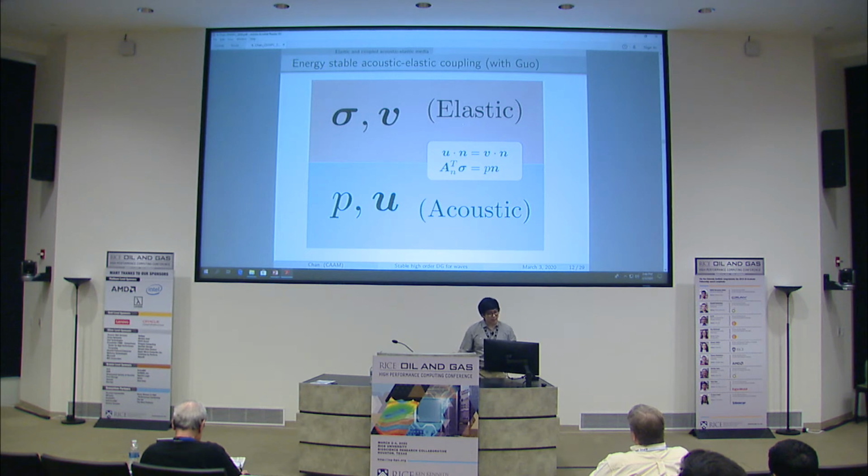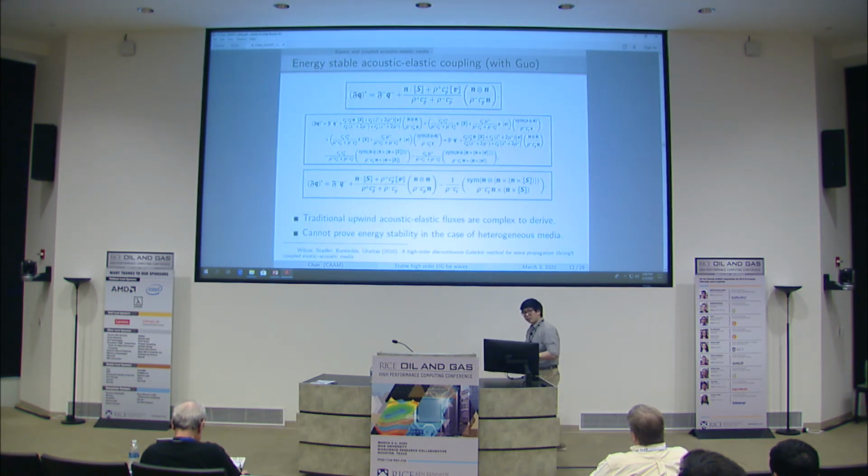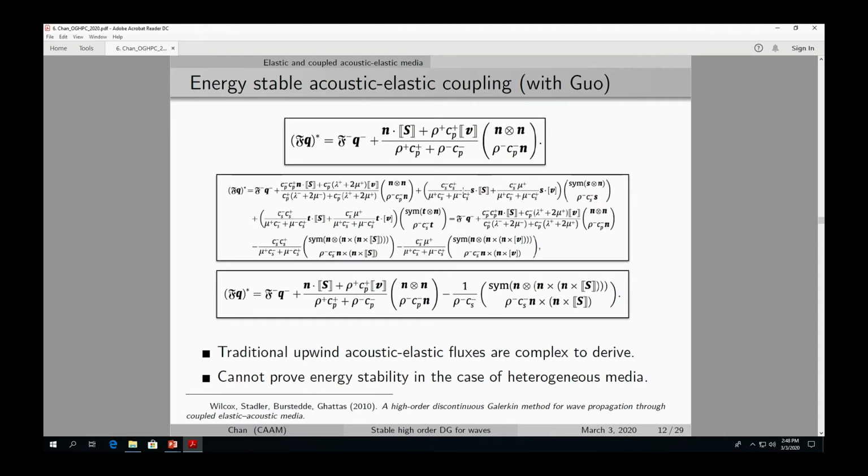And what makes elastic acoustic coupling complicated is that for discontinuous Galerkin methods, these coupling conditions typically lead to really complex numerical fluxes. So these fluxes that I use to compute continuity between different elements and between different types of media, they look like this for, let's say, traditional upwind fluxes.